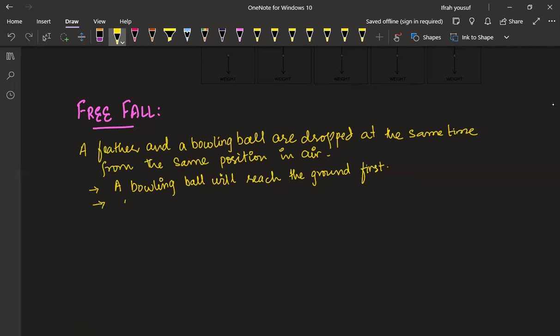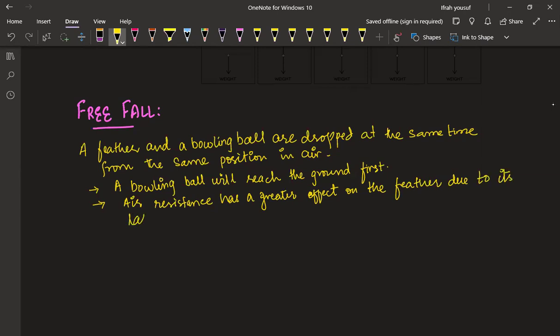And our second observation would be air resistance has a greater effect on the feather due to its larger surface area.